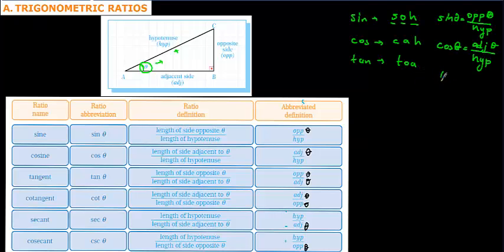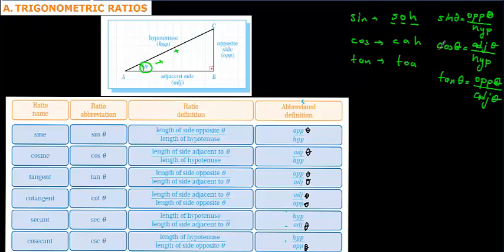Toa: tangent is opposite over adjacent. So these letters are the first letters of these equations.